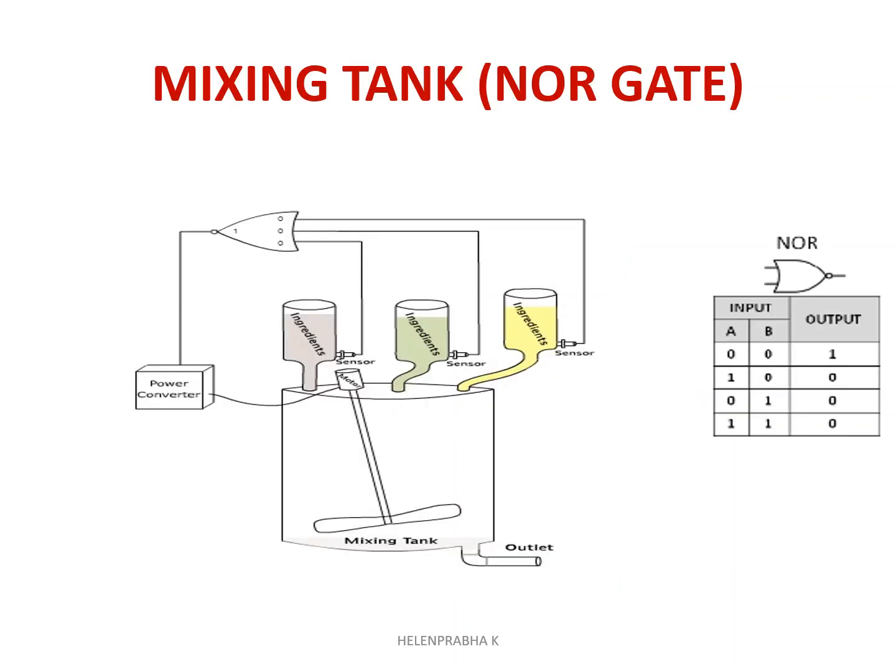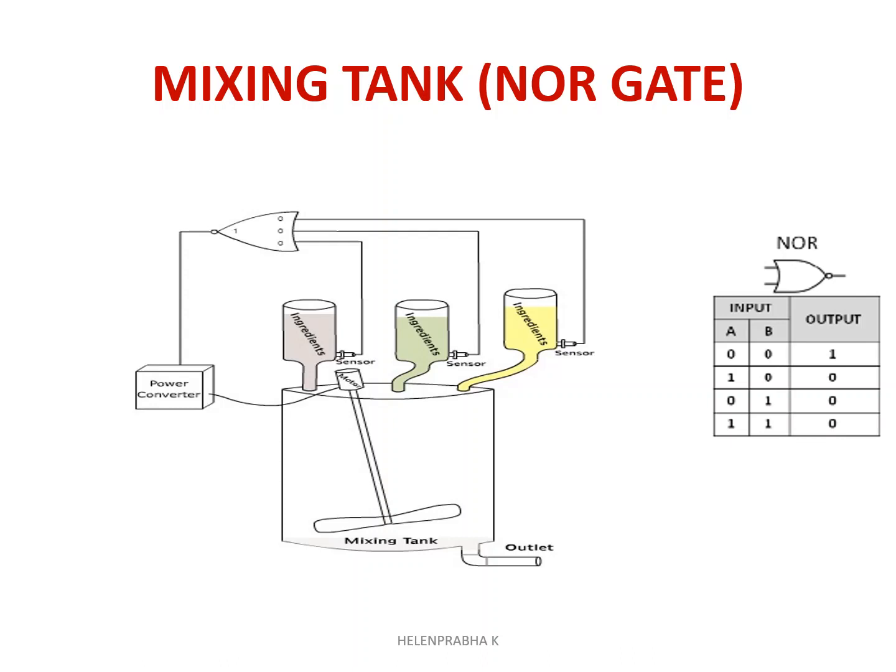So now let's see the NOR gate. NOR gate, if both the inputs are low, then only your output is high. So you can see here the mixing tank. Here 3 tanks are there, 3 ingredients are there in the tank. It is connected with sensors. Once the sensors are closed, it means you are getting 0 input in your NOR gate, then your output is high, right?